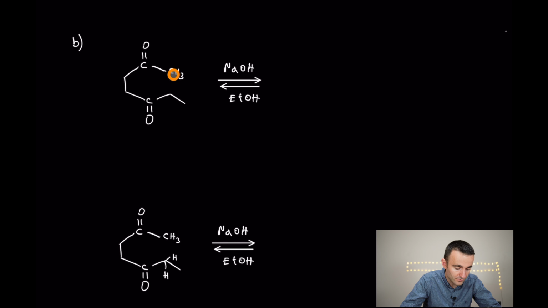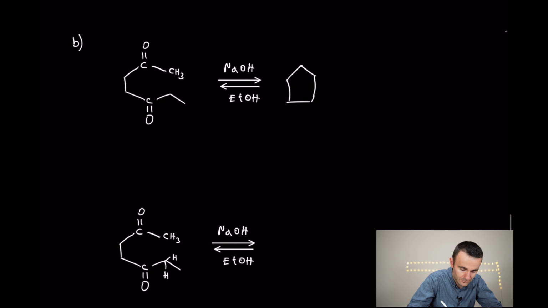If you do the annulation here, this is going to attack this carbon here. So it's going to form 1, 2, 3, 4, 5. So it's going to have a 5 carbon cycle.